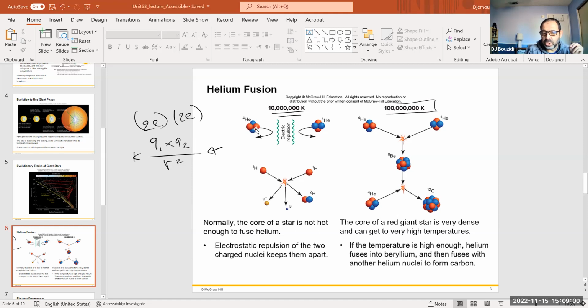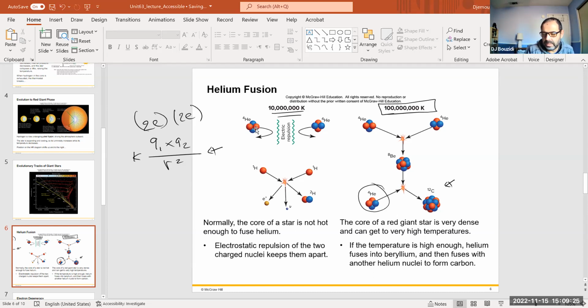But when the temperature increases so high, then you will have enough energy to fuse these two and form beryllium, which later on can capture another helium and then basically become carbon. So now what you're doing, you're fusing helium.